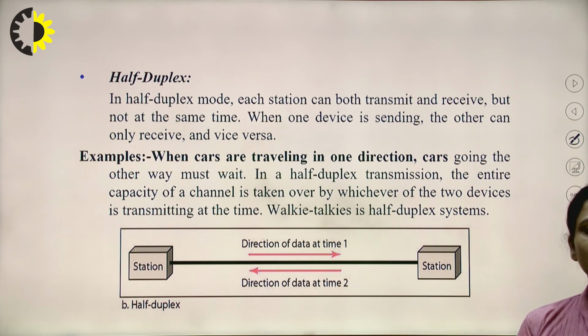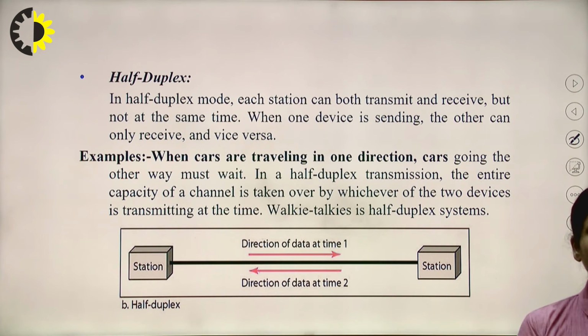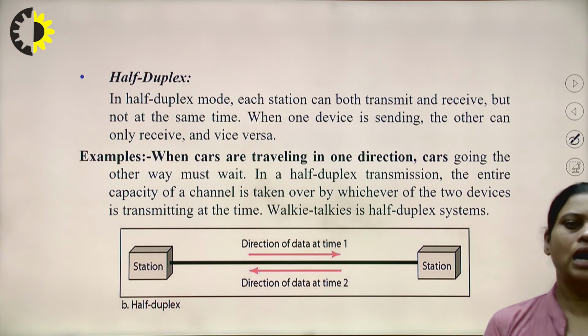In the half duplex mode, each station can both receive and send the data, but at the same time only one device is sending and the other device can receive, and vice versa. For example, when cars are traveling in one direction, cars going the other way must wait. A walkie-talkie is an example of a half duplex system.